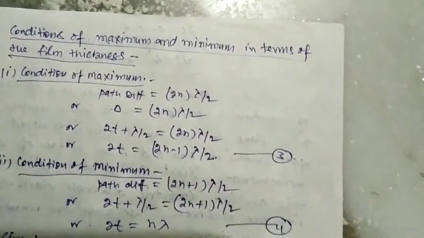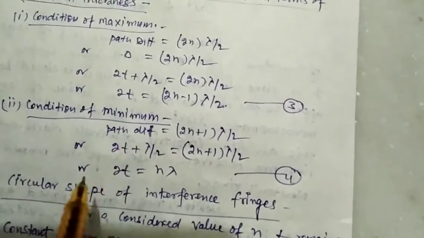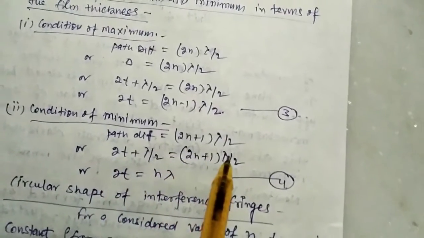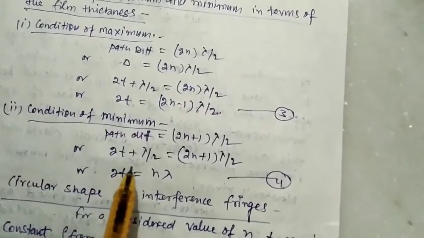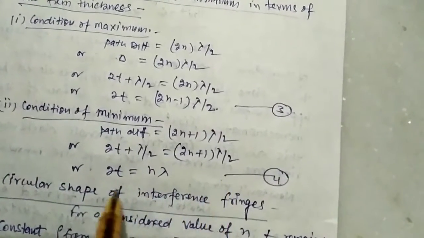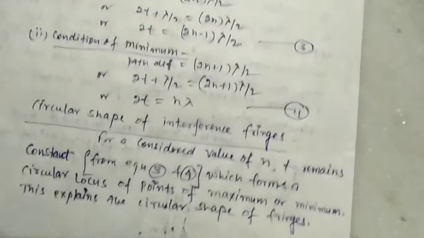This is equation number 3. Now the condition for minimum: path difference is equal to (2n plus 1) lambda by 2. Putting the value of path difference, 2t plus lambda by 2 is equal to (2n plus 1) lambda by 2, or 2t is equal to n lambda. This is equation number 4.